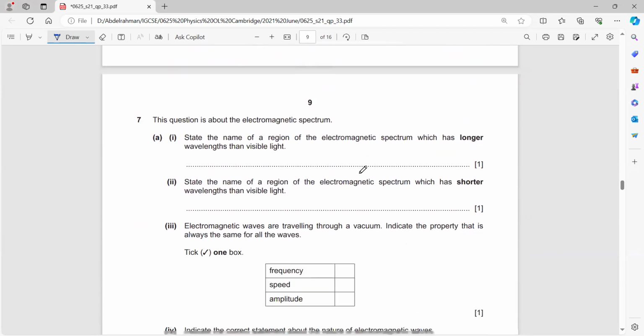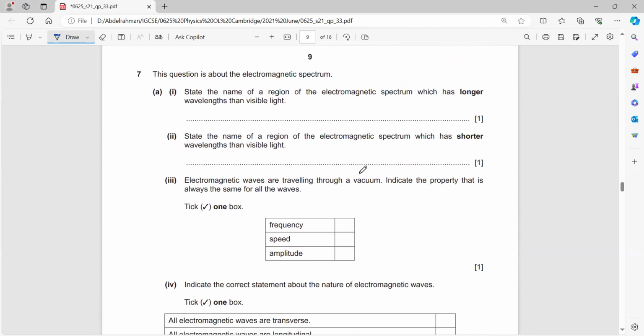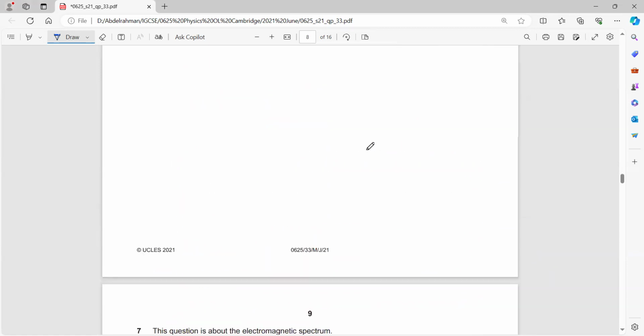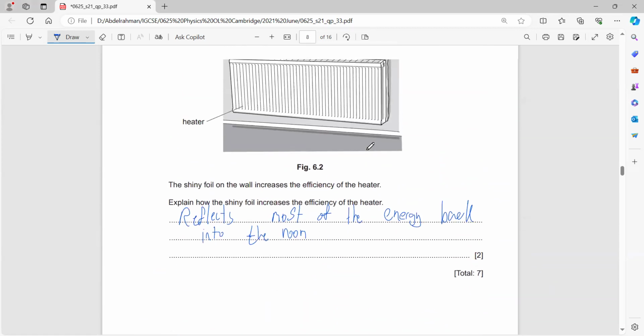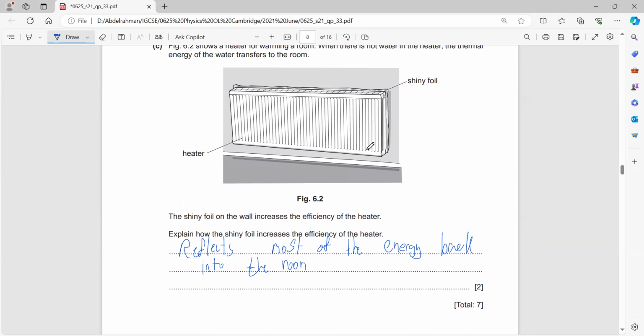Moving on to the next question. Look here, in the previous question, just to note, it would be better to say reflecting, not that it's the worst absorber or the best emitter. The best answer is to say that it reflects most of the energy. Why?